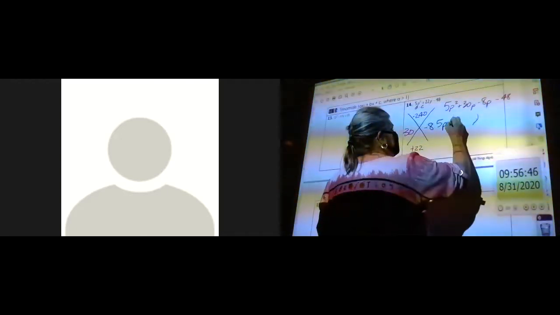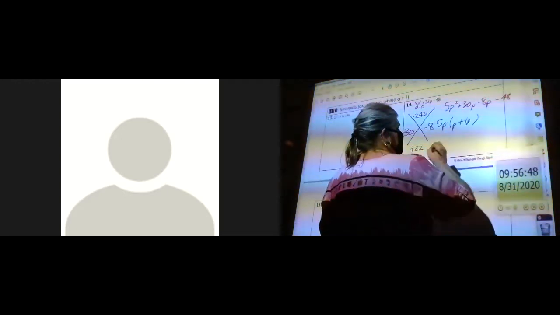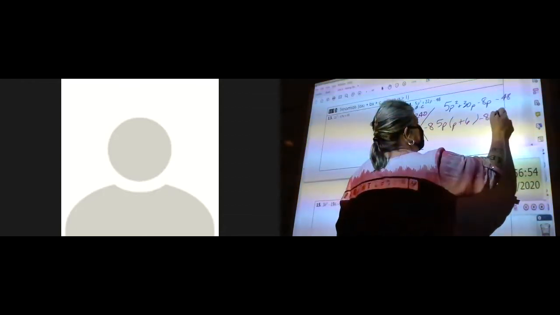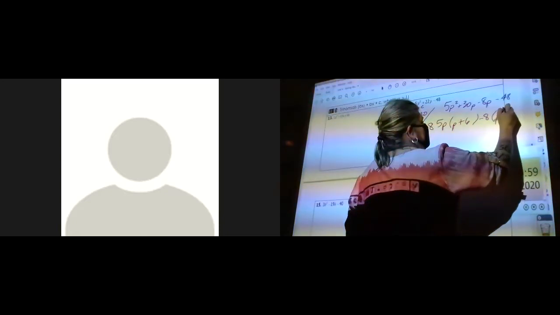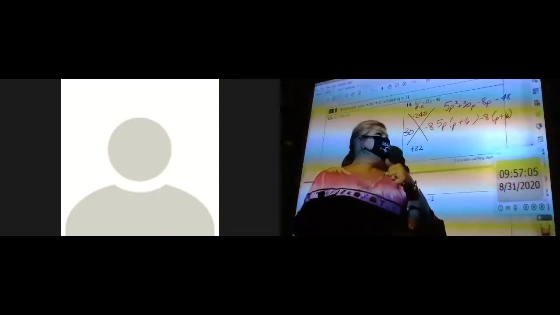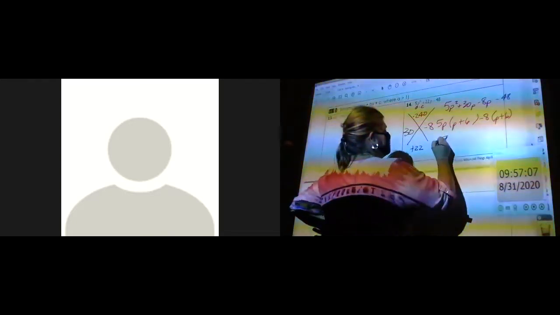P plus 6. And then what is our greatest common factor in the last two terms? Negative 8, and we're left with p plus 6. So do these two match? Then we're good.